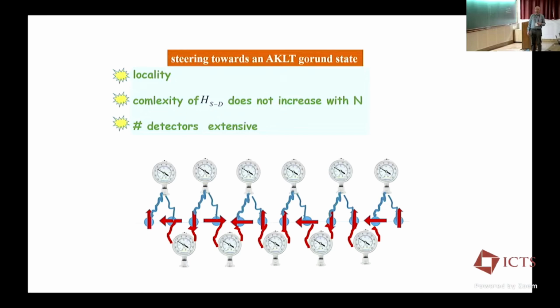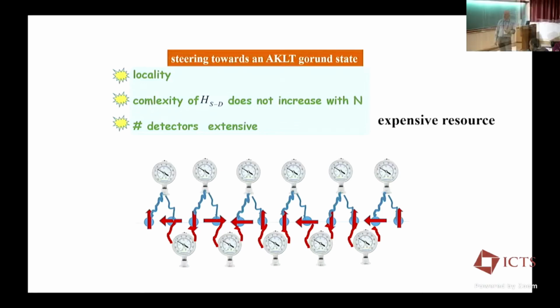The number should scale proportional to n. Even then, having all these detectors and reinitializing them is quite an expensive resource, and we'll need to deal with it a little bit later.